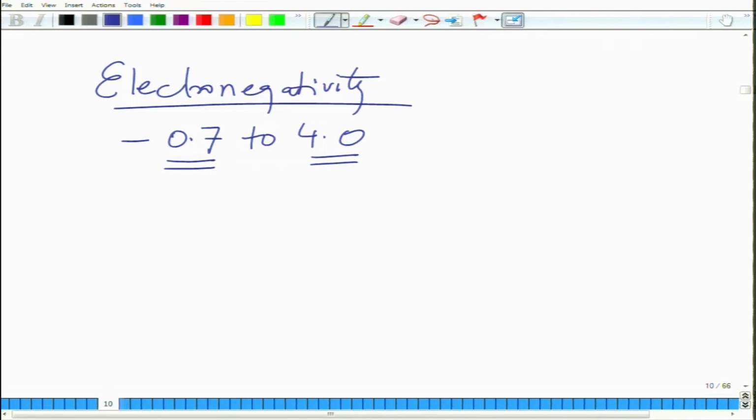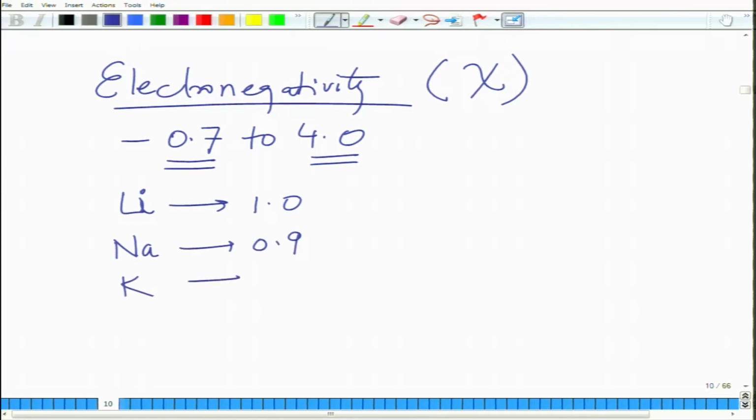So for example, if I look at lithium, this is denoted by a parameter called chi. So for lithium this value is typically 1. I will give you some numbers. For sodium it is about 0.9, for potassium it is about 0.8. If you look at the column 2, magnesium is about 1.3, calcium is about 1.3.